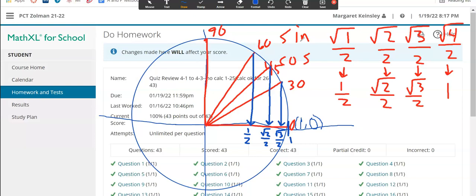Does that make sense? Mm-hmm. It does. I'm just concentrating on writing what you're doing. So sorry. Okay. X is cosine. So the cosines. Right. Those are the cosines.